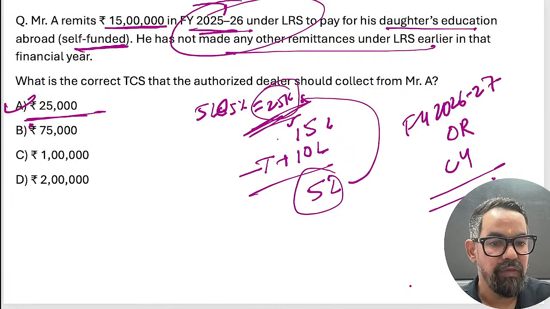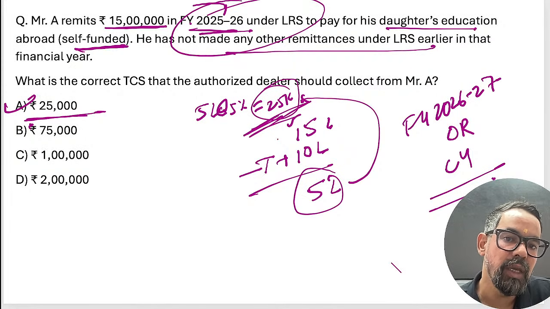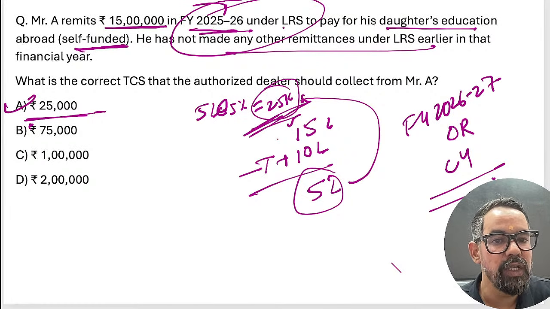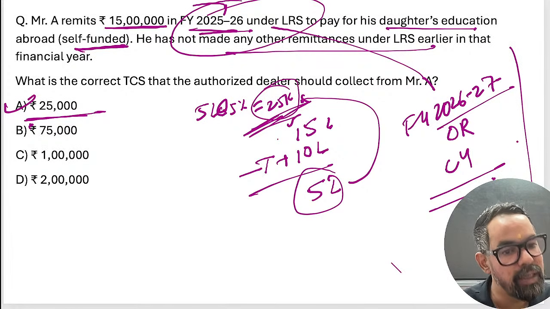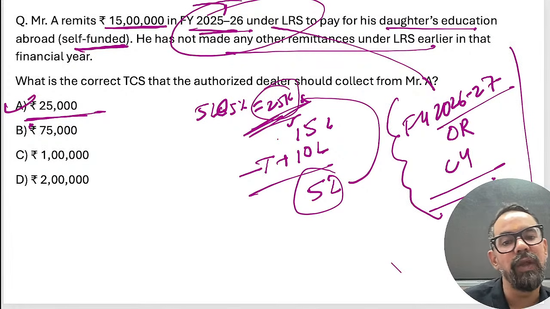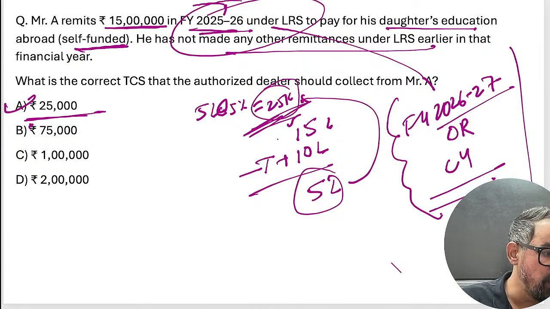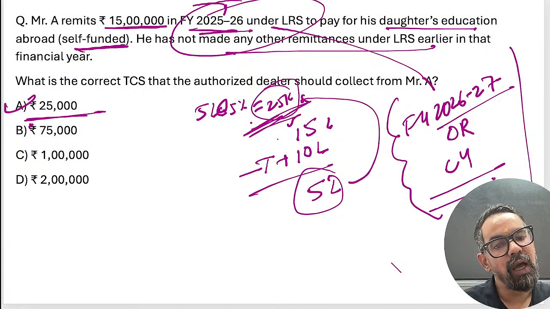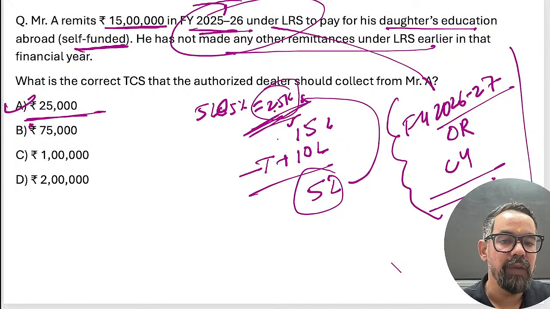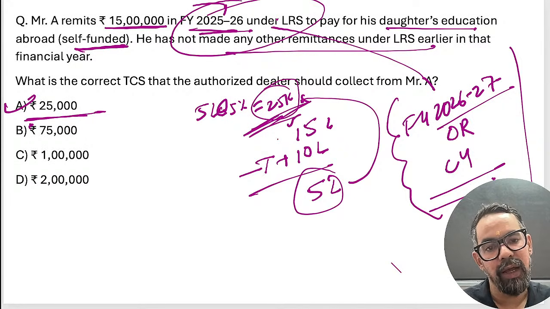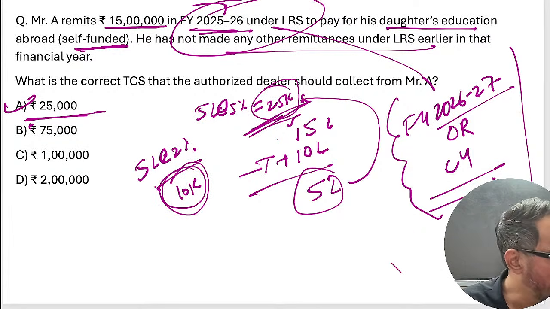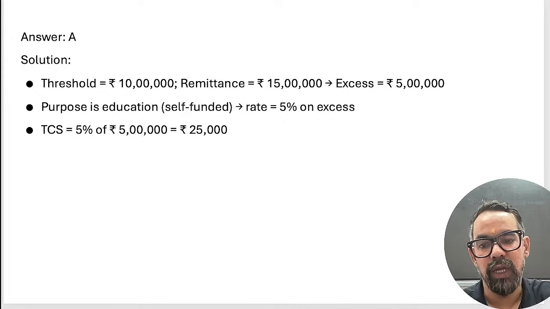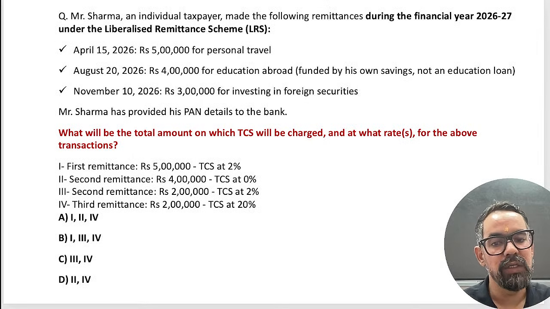So now if we have changed the slide data from financial year 25-26 to 26-27 or current year, and they ask you to calculate this, then what will be your correct answer? Now there is nothing changed, the only thing is that the threshold will remain the same, 10 lakh. So 2% of 5 lakh will come down to 10,000, right. So 10,000, yes, absolutely correct. Okay, so first, this is the one. Okay, answer this question also.